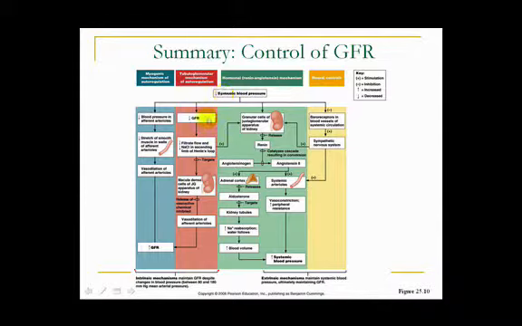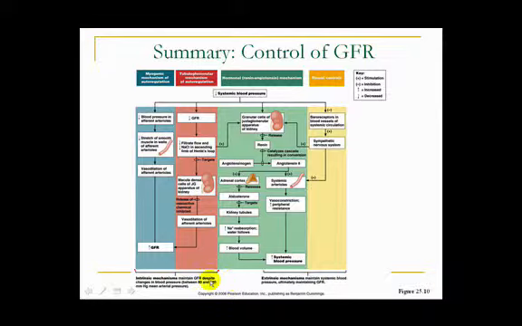If systemic blood pressure drops, that would drop your glomerular filtration rate. Therefore, your flow rate would decrease, and the macula densa cells would detect that there's less solutes left in the filtrate because the filtrate's moving slower, and they'll release chemicals that will cause vasodilation of the afferent arteriole.